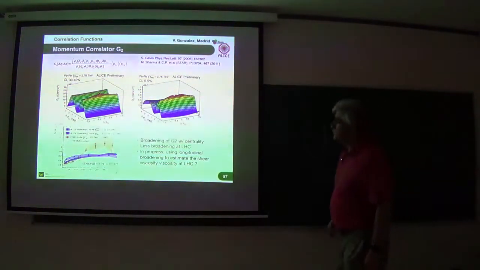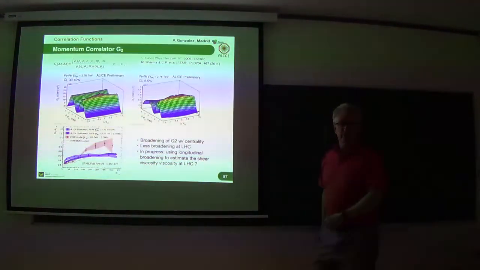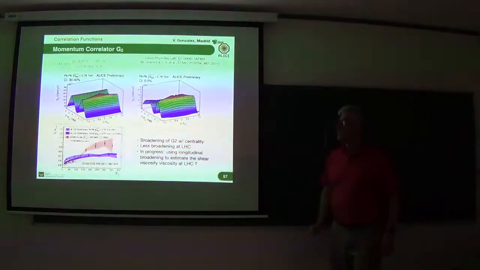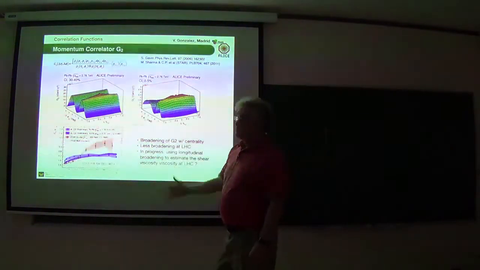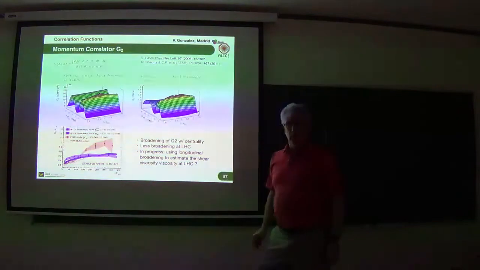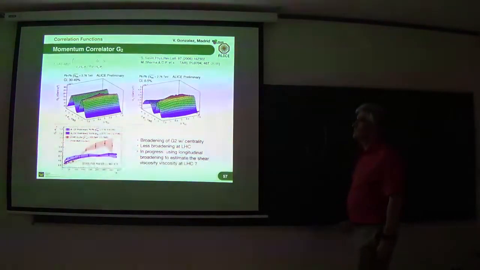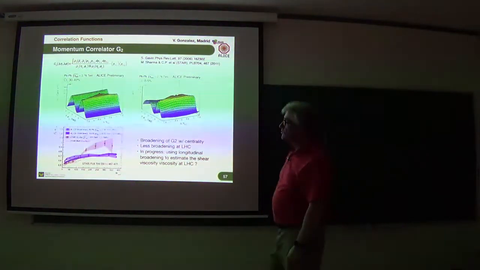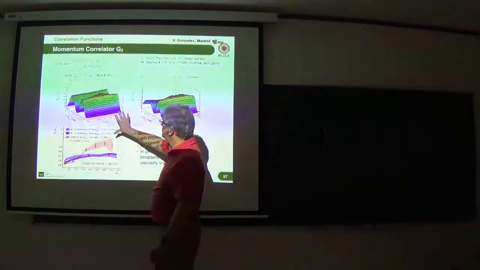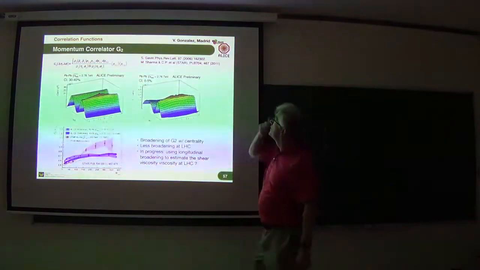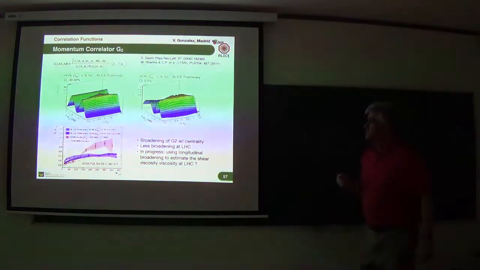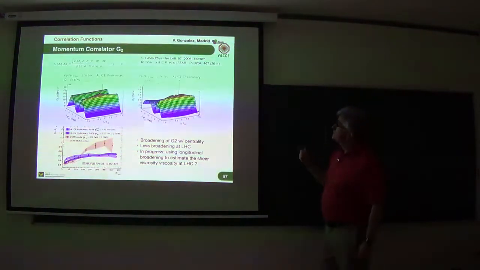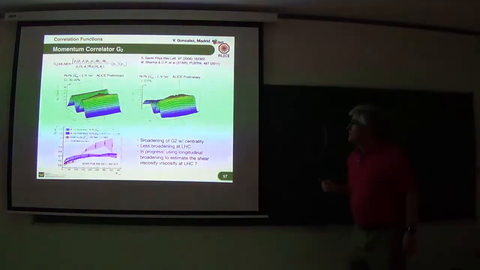I want to emphasize briefly, but the full story will be told tomorrow by Victor, that we've spent quite a bit of time trying to understand the viscosity of the QGP from another perspective, that of measuring momentum correlators. So these are very beautiful results that were presented by Victor at Quark Matter in 2017 in Venice.